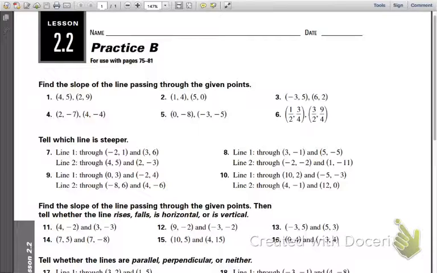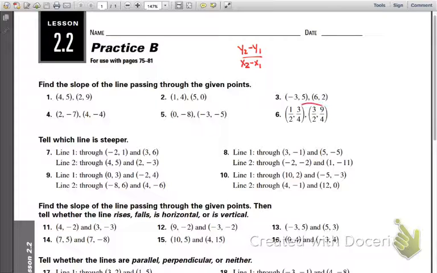Alright, so 6, still fractions, it's okay. Rise over run, or remember with various points, it is y2 minus y1 over x2 minus x1. So I'm going to work this one up above.